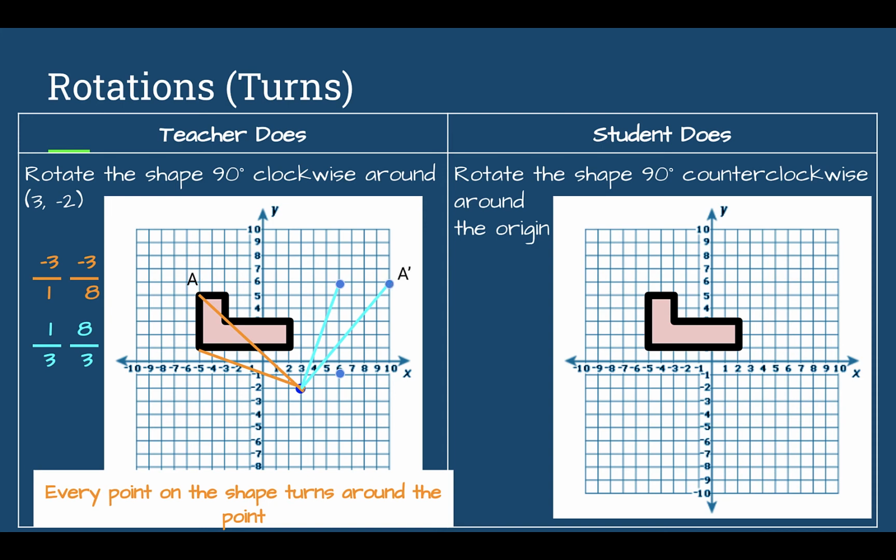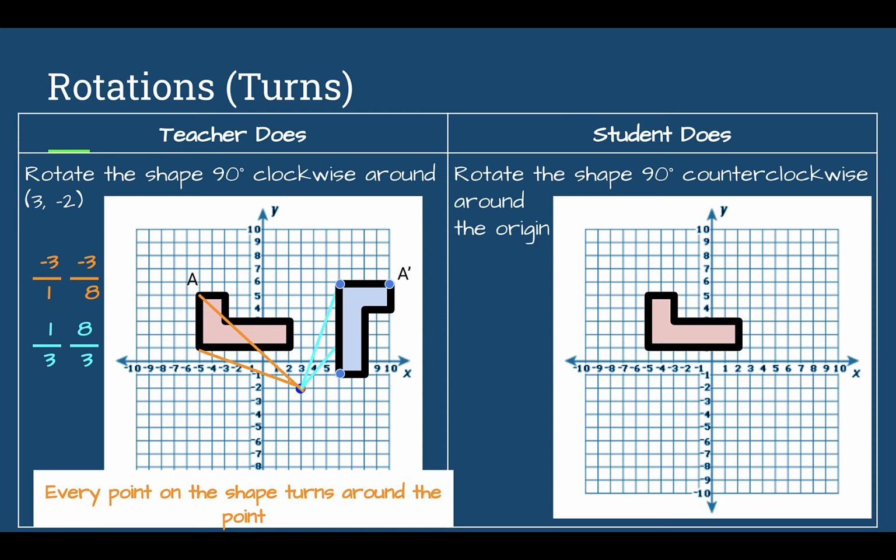That is where A prime is going to be located. You can see we're starting to form our L shape that is rotated. If I continued going with our other points, I could continue my L, and it would look something like that. So not only is that shape turned 90 degrees, but it was also around that point.